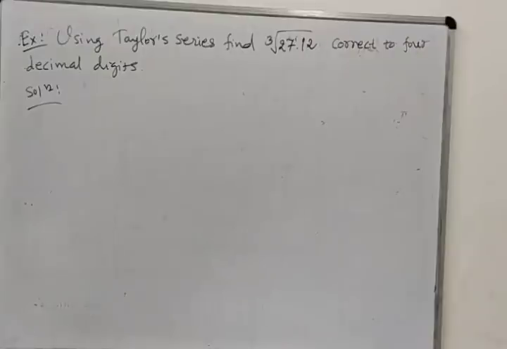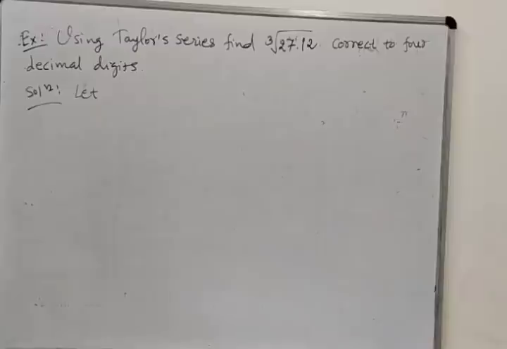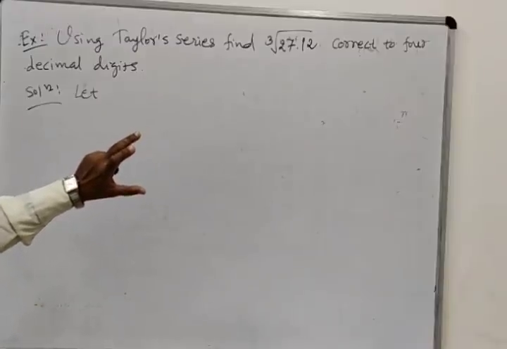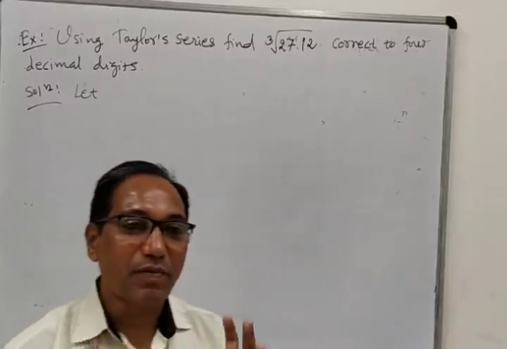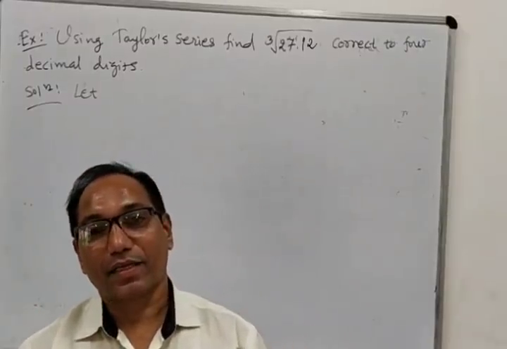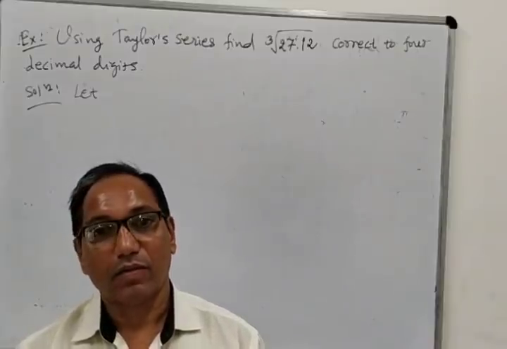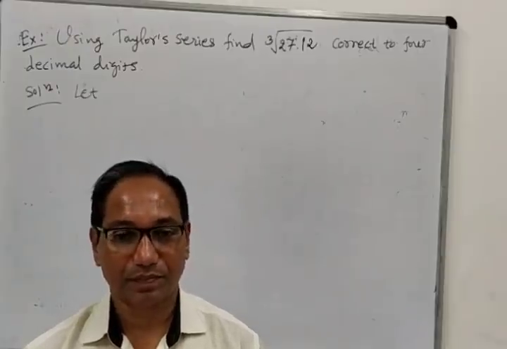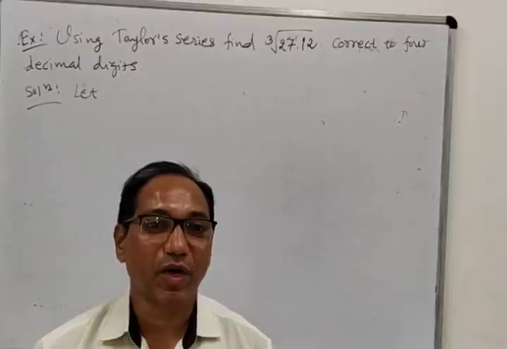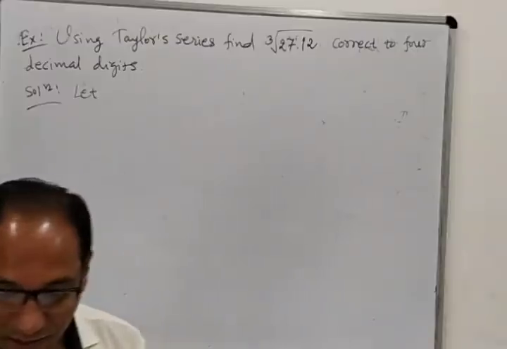Now let us find how to solve this problem. Here we want to make use of Taylor series and find the cube root of 27.12. We can see from the number 27.12 which is the nearest number whose cube root is possible directly. We know 27 is the nearest number whose cube root is very easy, because cube root of 27 is 3.